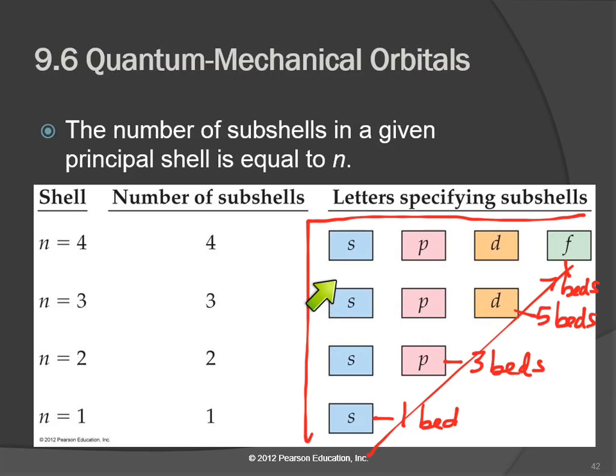On the 3rd floor, you've got an S room, a P room, and a D room. The D room has 5 beds. So how many people could stay in the D room? 10. Because each bed could hold 2 people, right? They don't allow people sleeping on the floor. And in the P room, how many people? 6. And in the S room? 2.